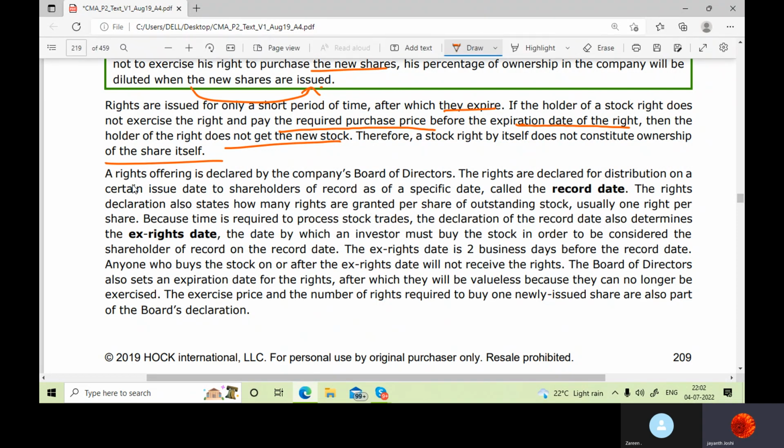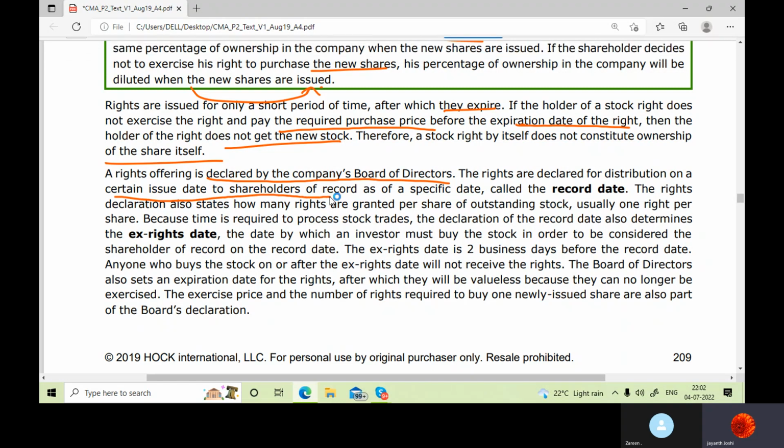Okay. The rights offering is declared by the company's BOD, Board of Directors. Rights are declared for distribution on a certain issue date to shareholders of record as of a specific date called the record date. So I'll again read this point, very important.